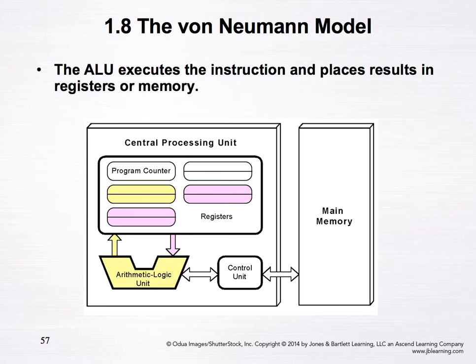So that's basically the operation cycle of the von Neumann model. We have the fetch, we have the decode, and we have the execute. Those are the three main steps of the von Neumann model.